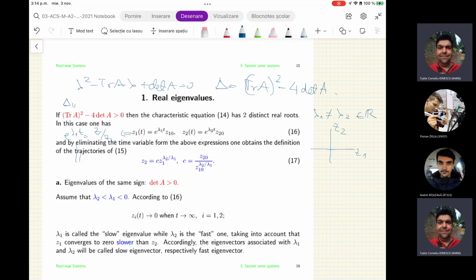So that means that t is 1 over lambda 1 times the natural logarithm of z1 over z1 naught. You agree?